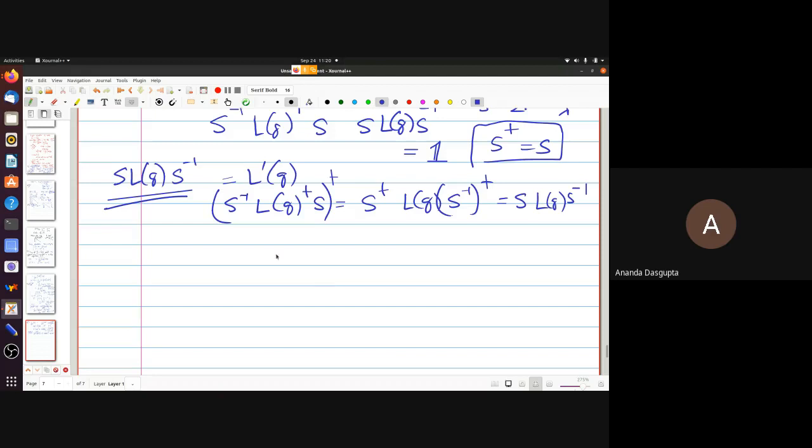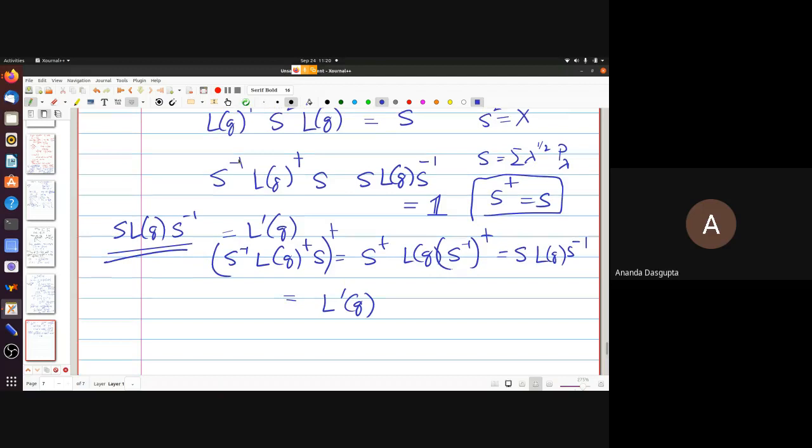So what we end up with is that the adjoint of this is L prime G. So now this relation that we derived, S inverse LG dagger S LG S inverse, is nothing but L prime G's adjoint times L prime G is identity.